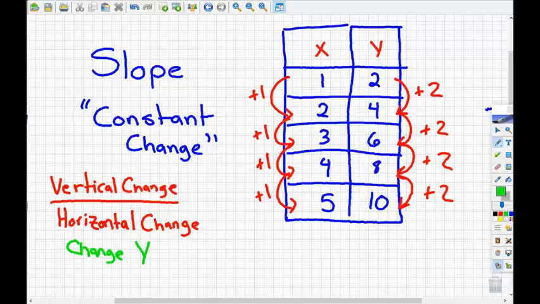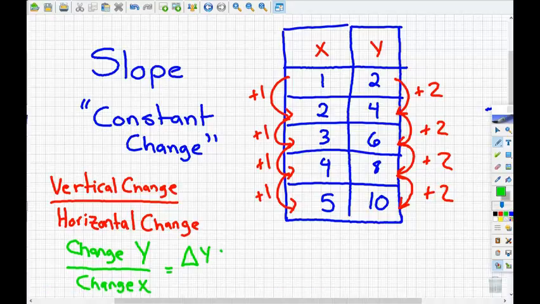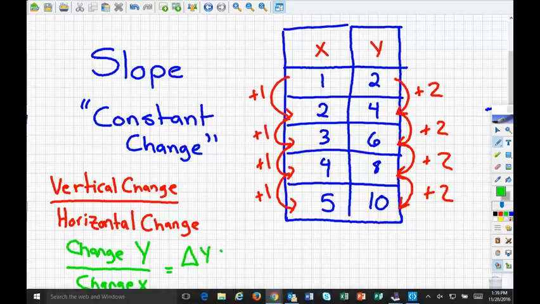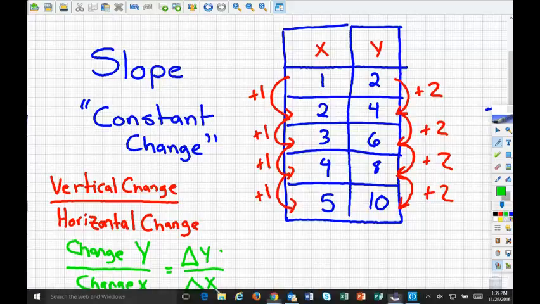If I have a table, for example, that is x and y, the vertical change, as you know, is on the y-axis. So I can say that the vertical change is the change in y, and that the horizontal change is the change in x. Sometimes you'll see this represented as triangle y over triangle x, also read delta y over delta x.